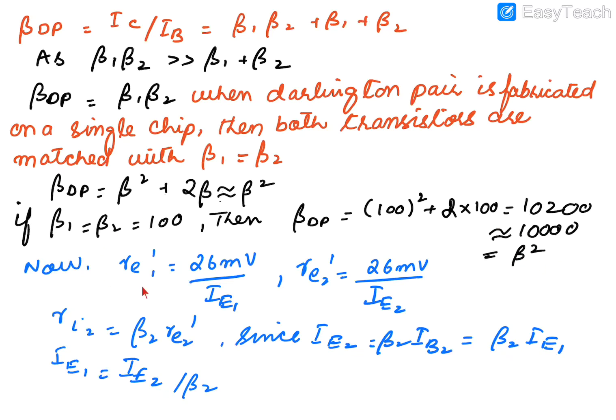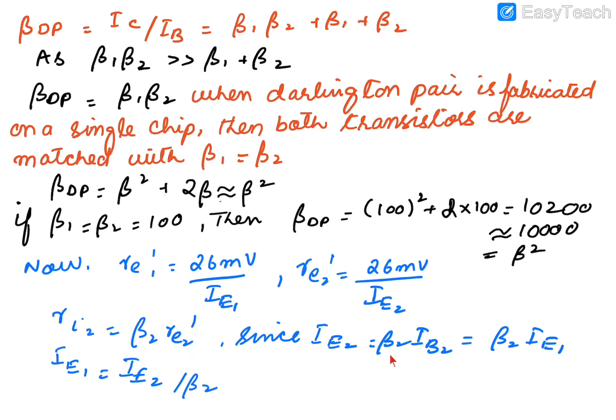Now the emitter resistance for the first transistor Q1 will be RE1 dash, and it is equal to 26 millivolt divided by IE1. RE2 dash is equal to 26 millivolt divided by IE2. So the input resistance for the first transistor is beta 2 times RE2 dash.